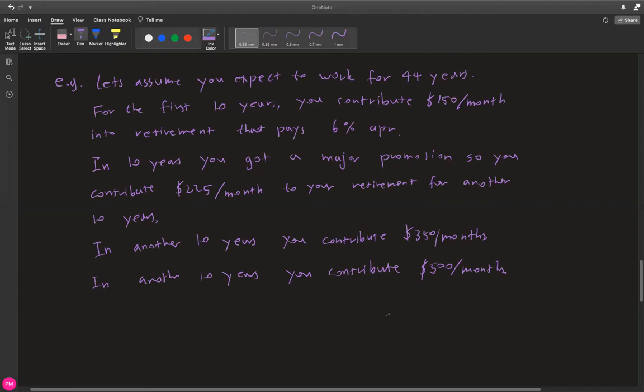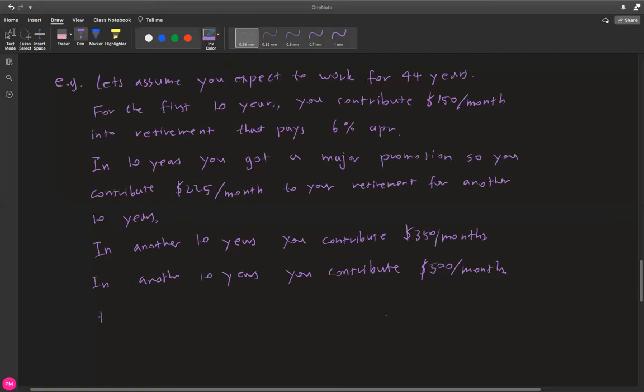So how do we go about solving this problem? Just for the sake of the problem, let's divide each contribution amount into different plans.